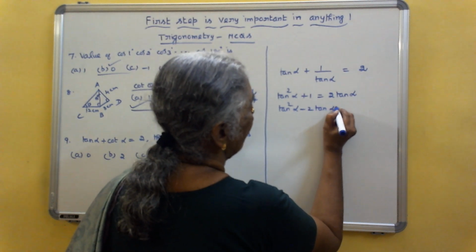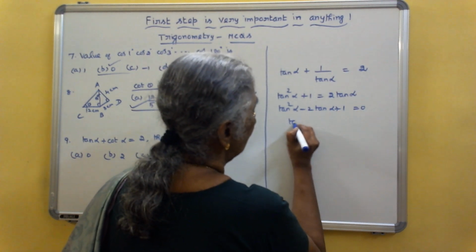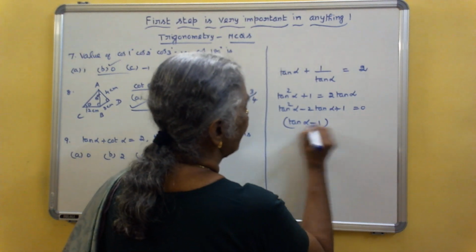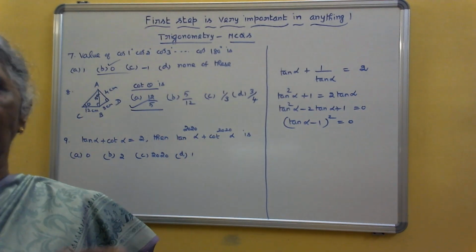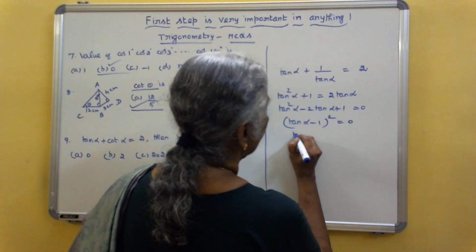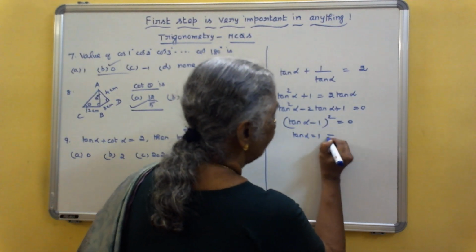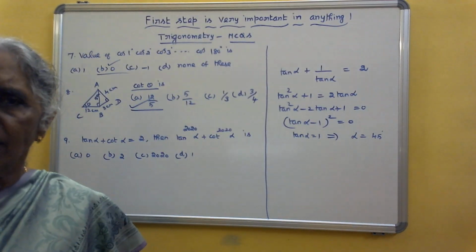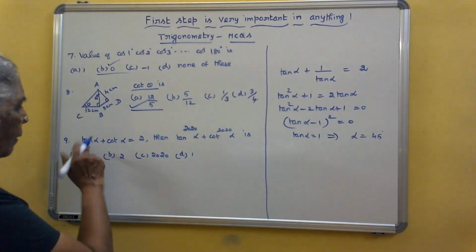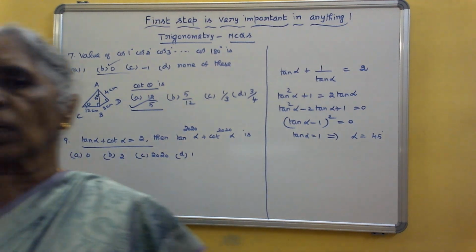Tan squared alpha minus 2 tan alpha plus 1 is 0, which is (tan alpha minus 1) the whole squared is 0. Automatically tan alpha minus 1 is 0. So you get tan alpha is equal to 1, which gives you alpha as 45 degrees. Okay. So first we have solved from what is given, what is alpha.